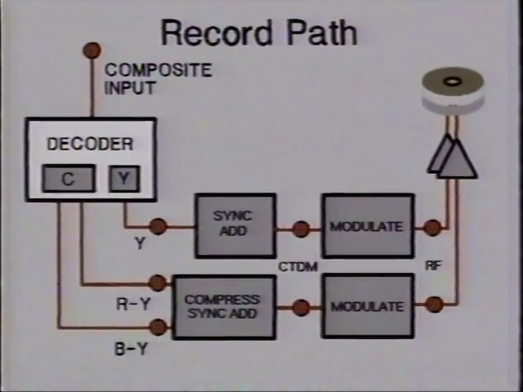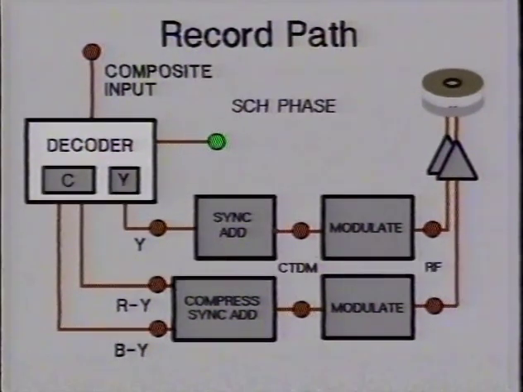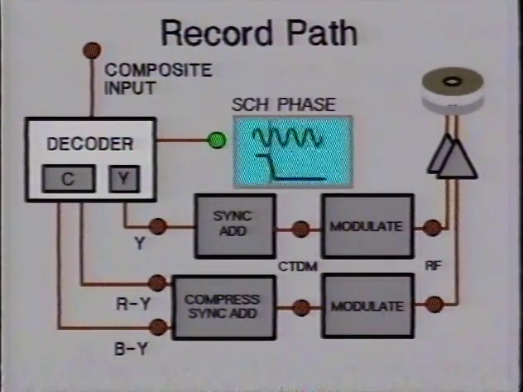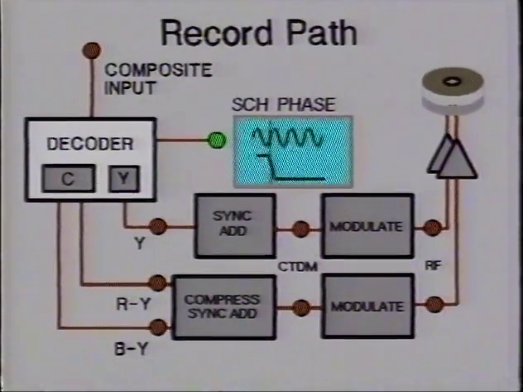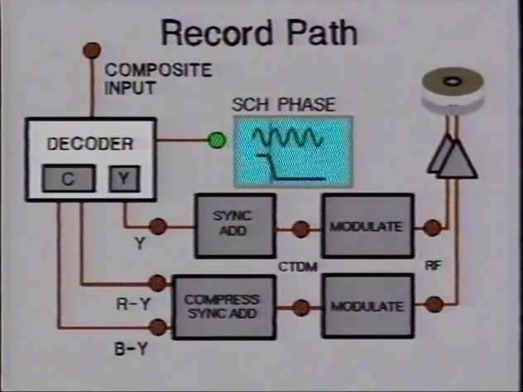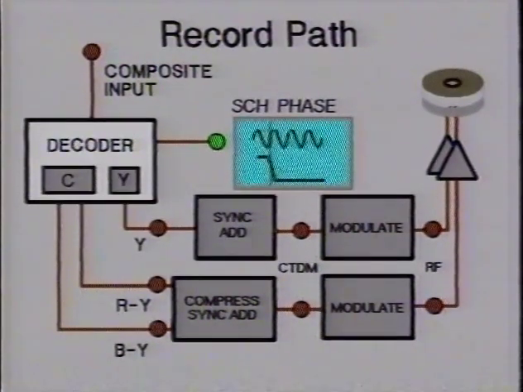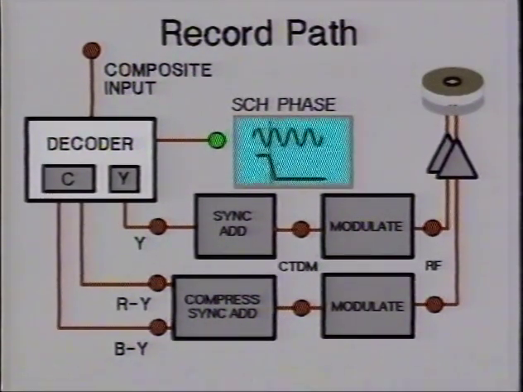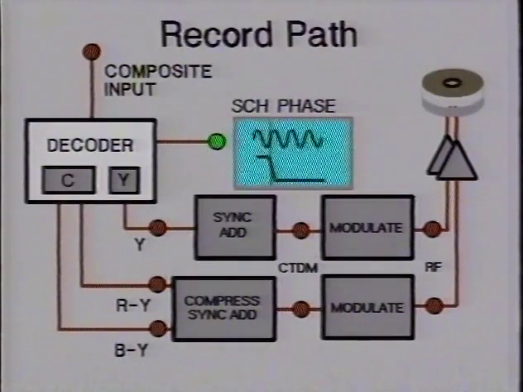As part of the decoding process, the SCH phase of the incoming signal is measured, and two extra signals formed. These help to lock the servos and improve the composite recoding process.